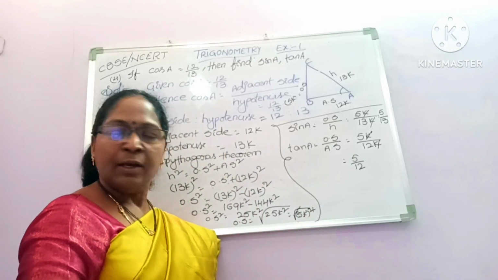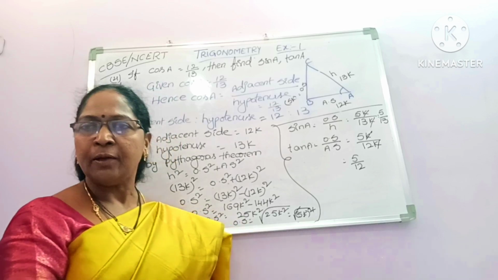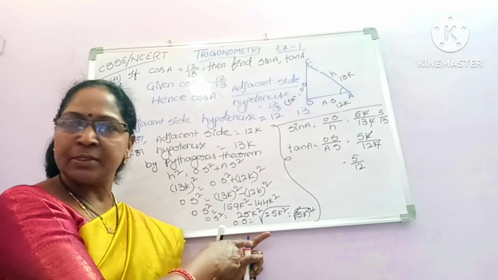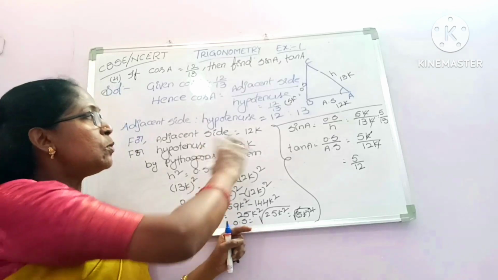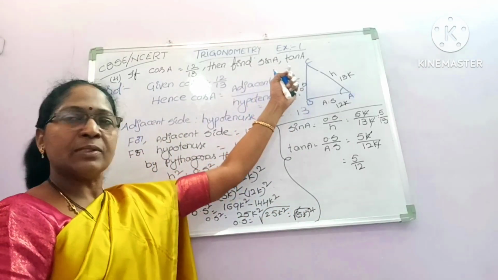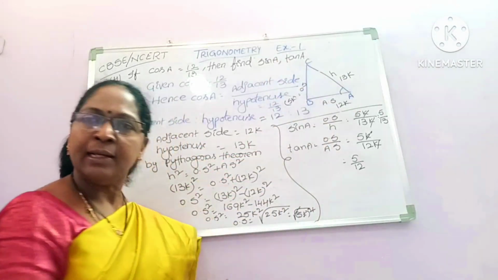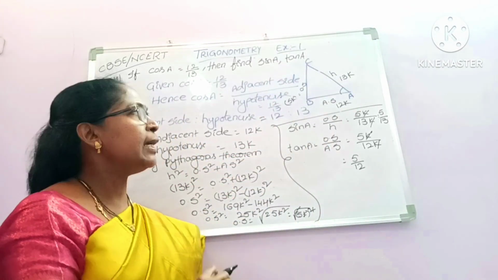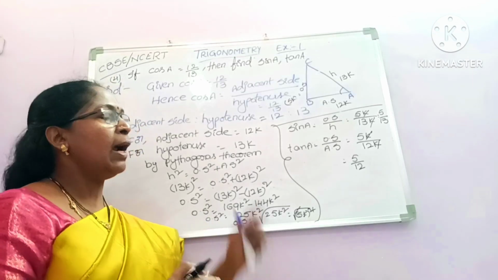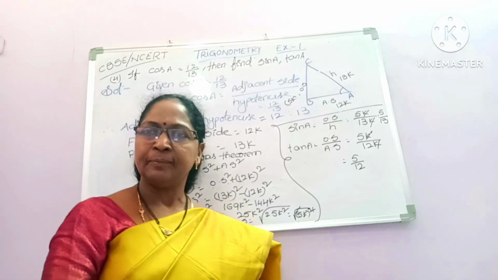This is the answer. In this exercise, in the previous video, I have already explained sums 1 and 2. In this video, third sum and fourth sum. From this you can easily understand: whenever you want these trigonometric function values, and using a right angle triangle only two side values are given, the third side they won't give, and they ask for the trigonometric functions, then what do you have to do first?